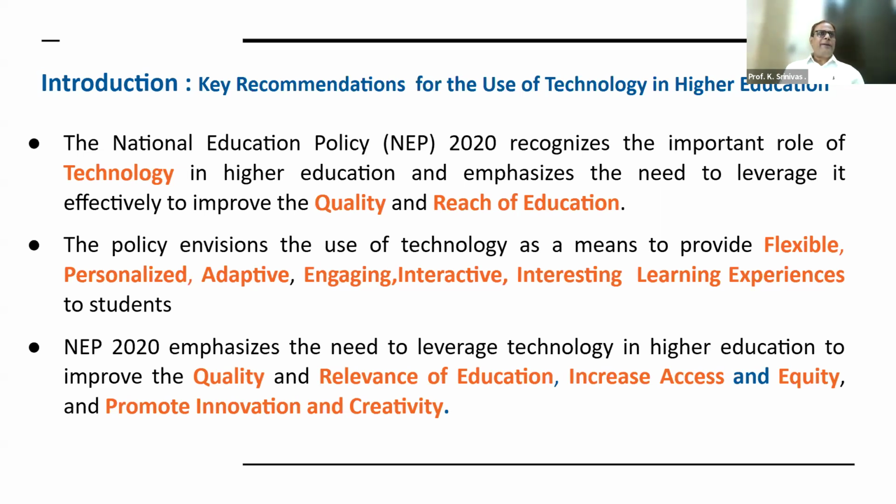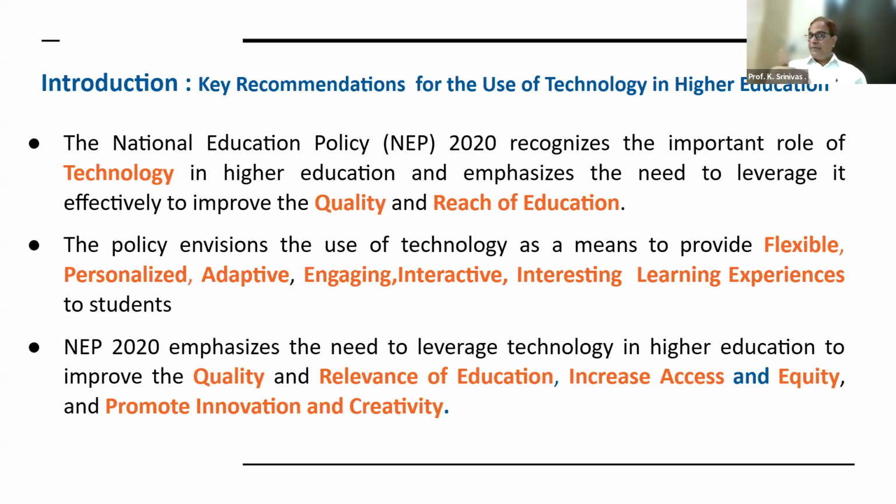But the second point, which is very, very important to me, is that the policy envisions the use of technology as a means to provide six essential things, which are the pillars of the system: flexible, adaptable, personalized, engaging, interactive, and interesting learning experiences for the students. The question comes, I think this is what we have to learn. Already, many people have been doing it.